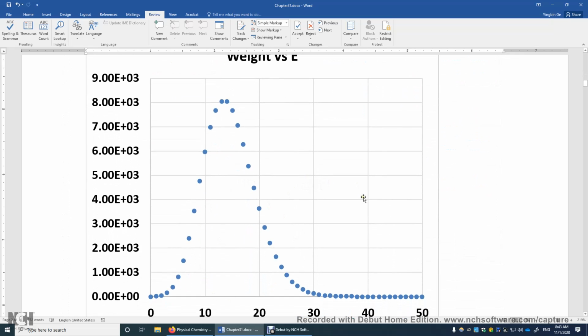This is again that Excel graph. As the energy increases, the weight first increases and then reaches maximum around the weighted average, around 14, and then it starts to decrease.